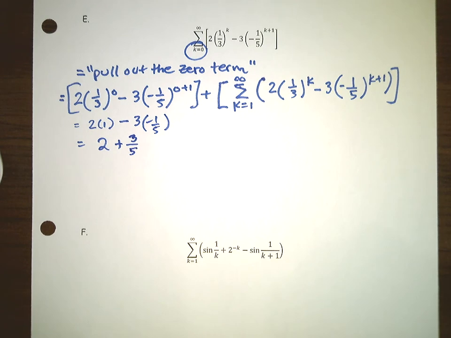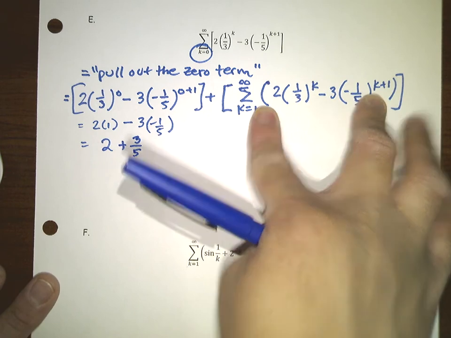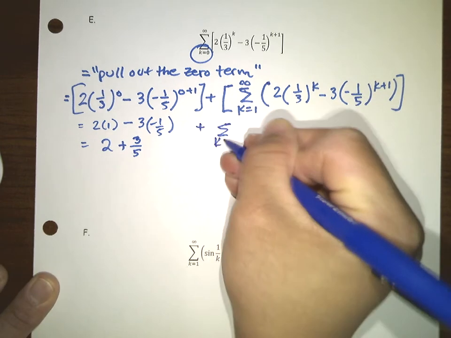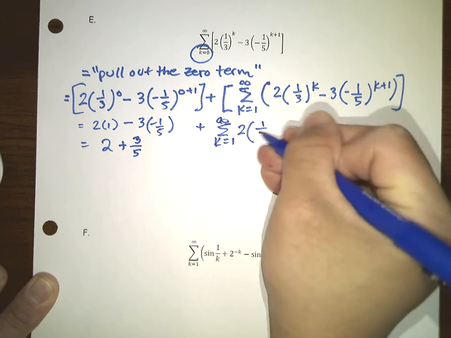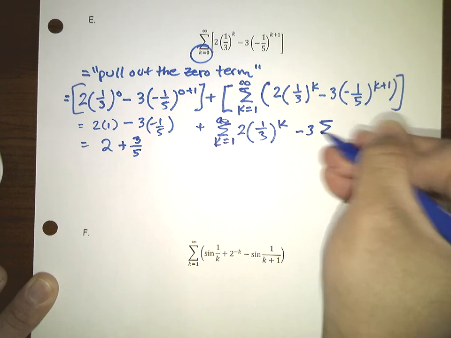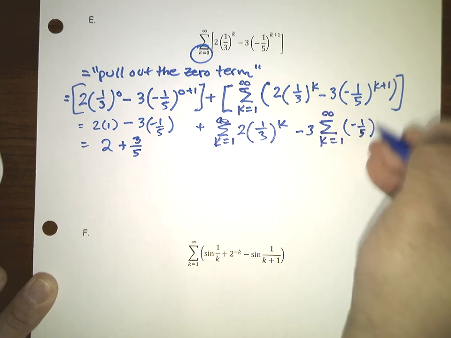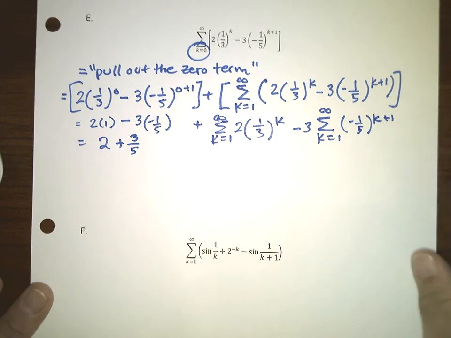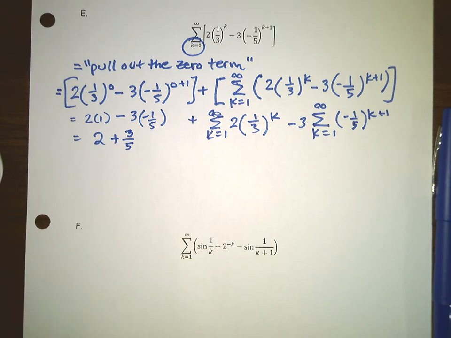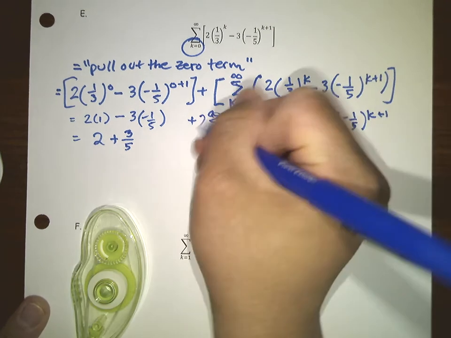And then I'll use the linearity property of series to write this as sum k equals 1 to infinity of 2 times a third to the k, and then minus 3 times, I'll bring out the negative 3, sum k equals 1 to infinity of negative 1/5 to the k plus 1. And actually, if I wanted to, I could have similarly brought out the 2 here, made it plus 2.